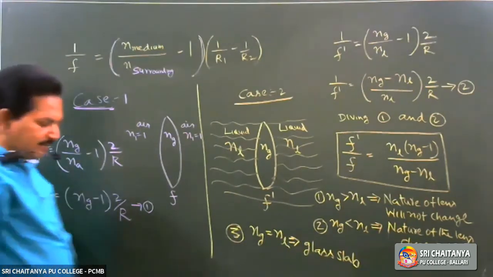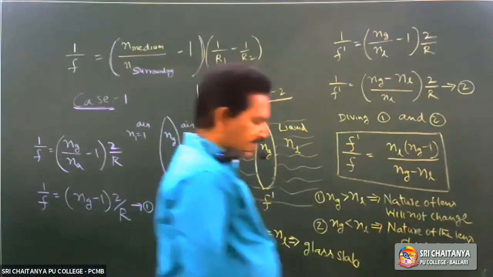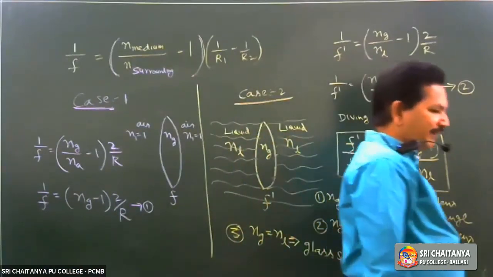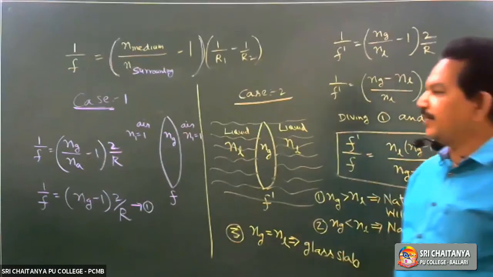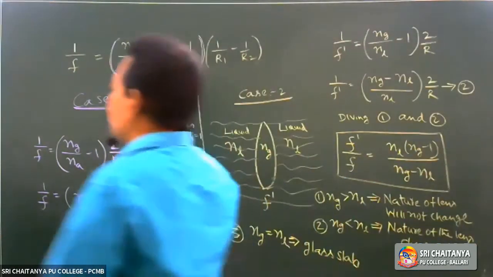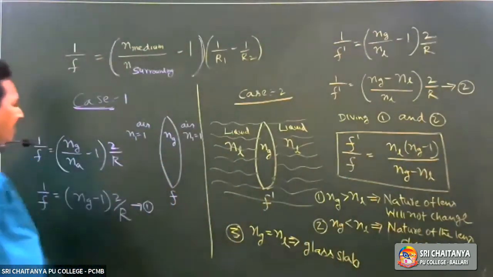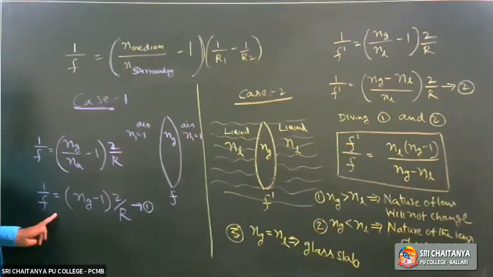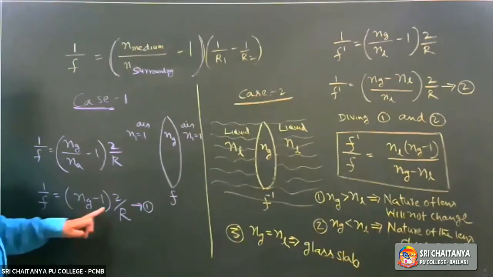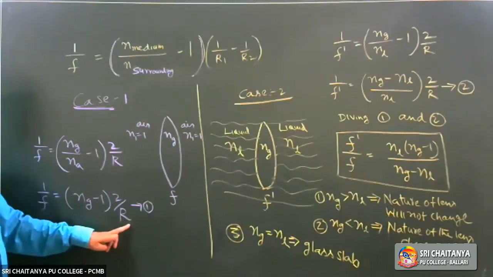The focal length of the given lens when immersed in a liquid. First we calculated the focal length of the given lens when it is in air column. 1 by F is equal to Ng minus 1 into 2 by R. Equation 1.